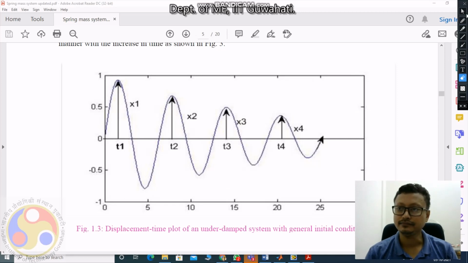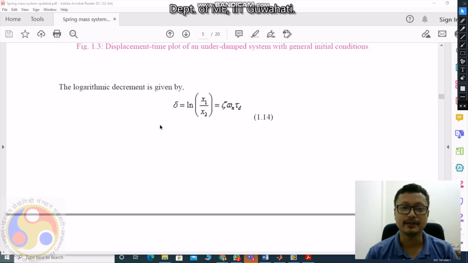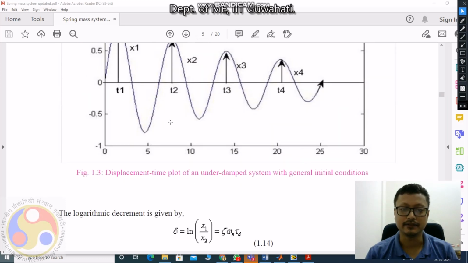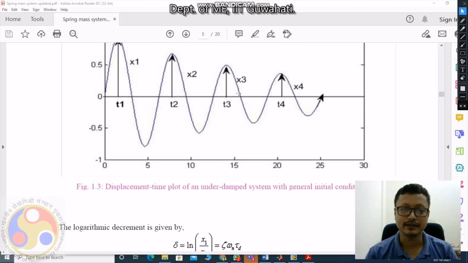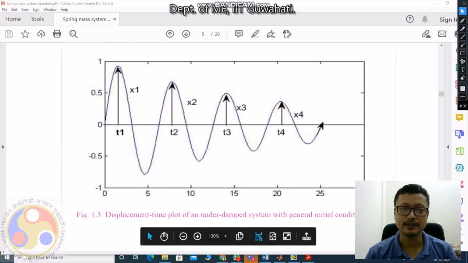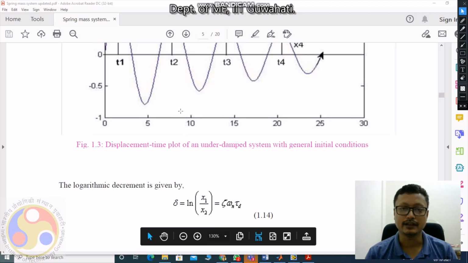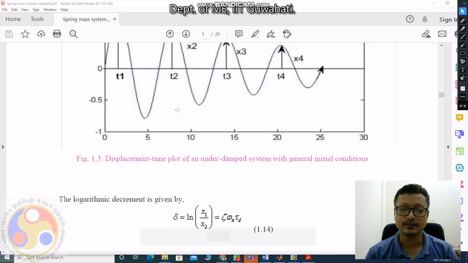Then this is the logarithmic decrement of this graph. You can get it from the equation. From that you need to find the logarithmic decrement of this graph. This is the x1 value, which you need to put here, and the x2 value you can put here.